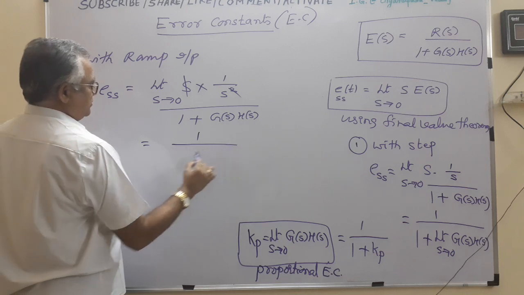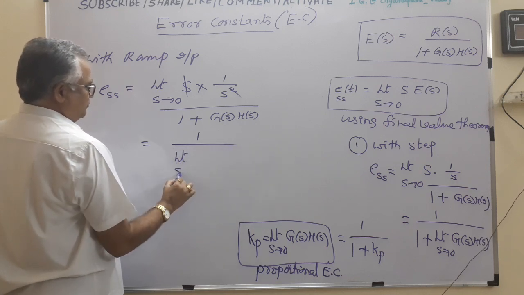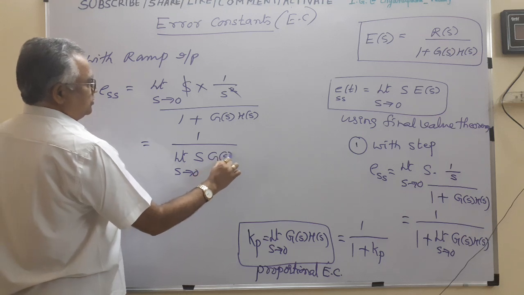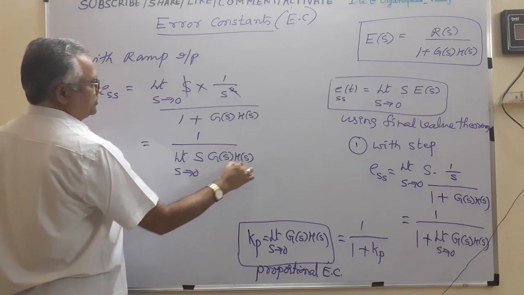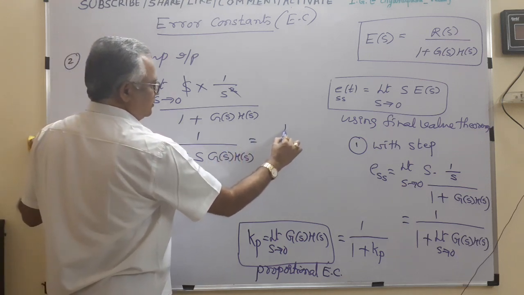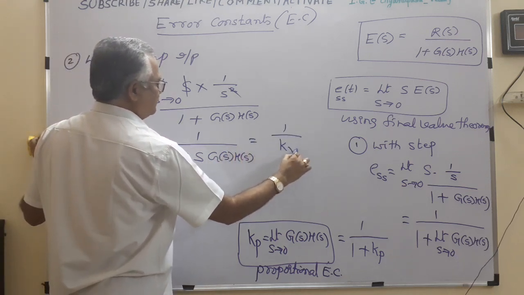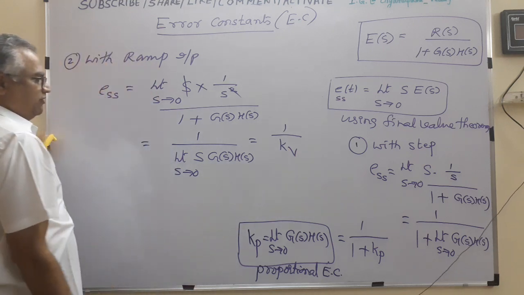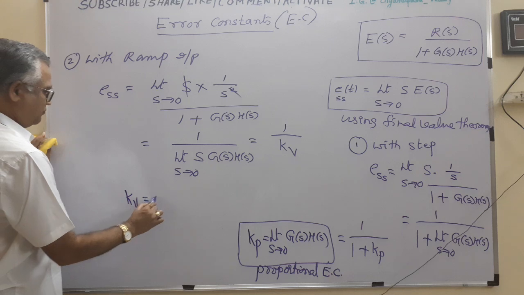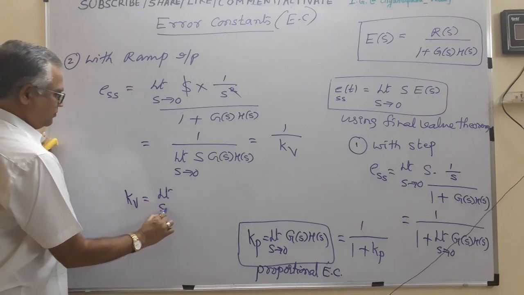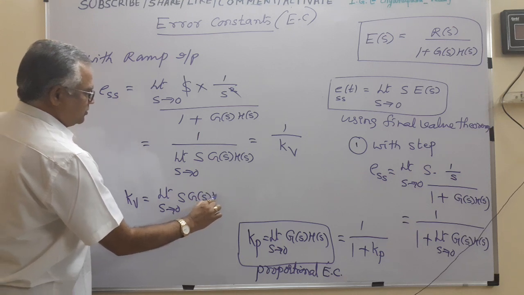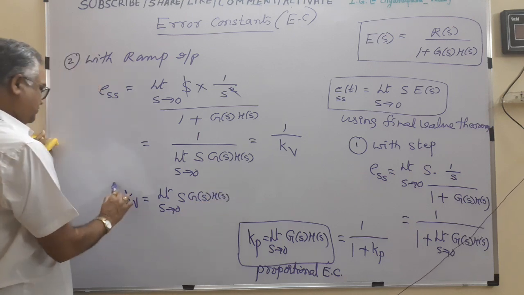So what do you get? Limit s tends to 0 s into g of s h of s. This we call Kv, where Kv equals limit s tends to 0 s into g of s h of s.